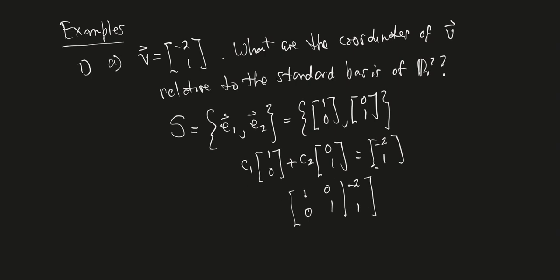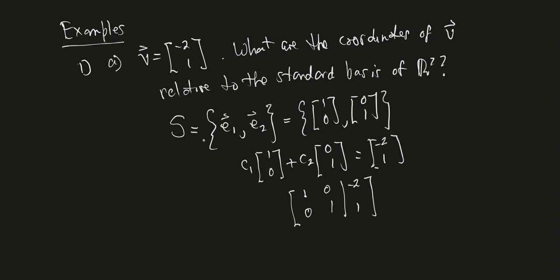C1 has to be -2 and C2 has to be 1. So when you're using the standard basis, which some of you will recognize as our standard unit vectors, it's extremely easy to figure out the coordinates. It's essentially how much you need to go in the x direction and how much in the y direction, and those are the scalars that give you the desired result when you perform your linear combination.